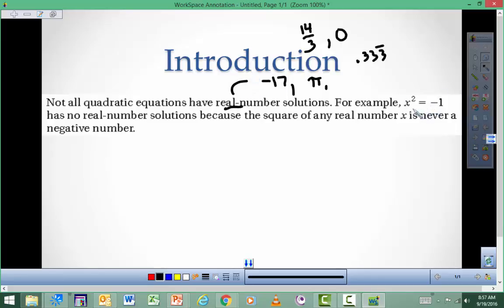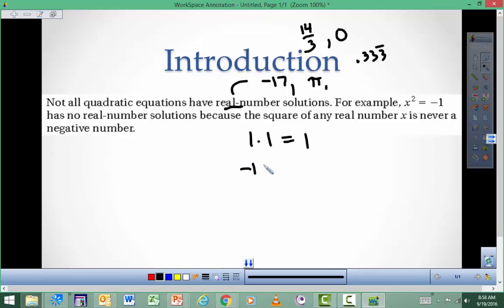However, this equation does not give us a real number solution. It gives us a complex number. And so we're looking for a number that's multiplied by itself that gives us negative 1. If you try this in the real numbers, you can't find any. 1 times 1 is actually equal to positive 1.